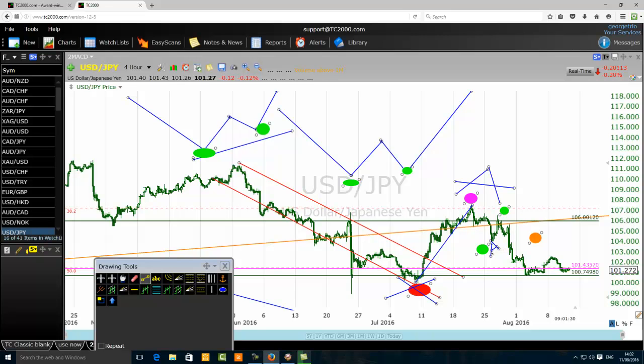Should be between 38.2% and a 50% Fibonacci retracement level of XA. So this is point B here, and this is point A, price going down. That retracement from A to B should be a shallow retracement.